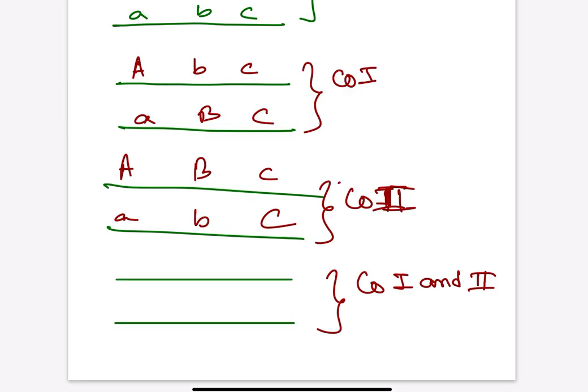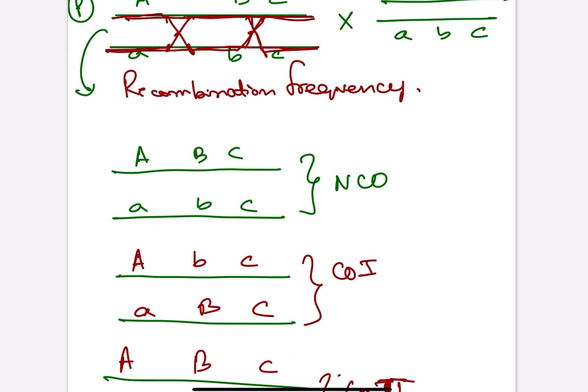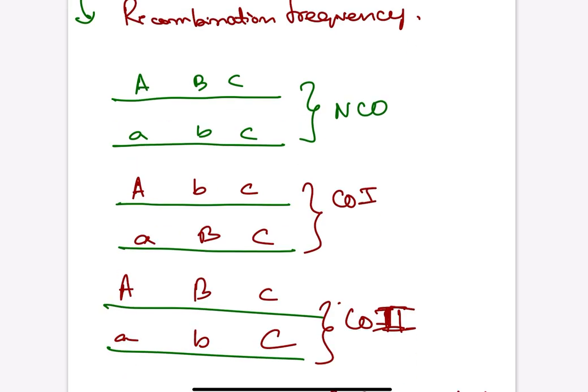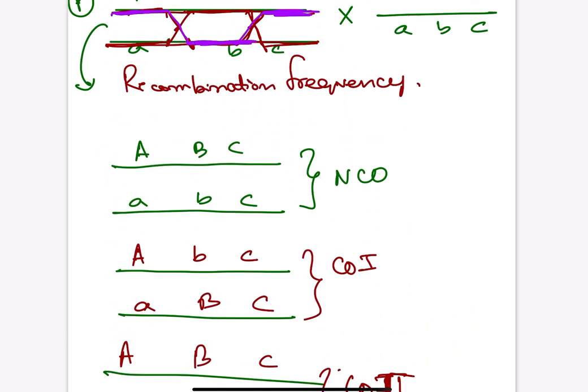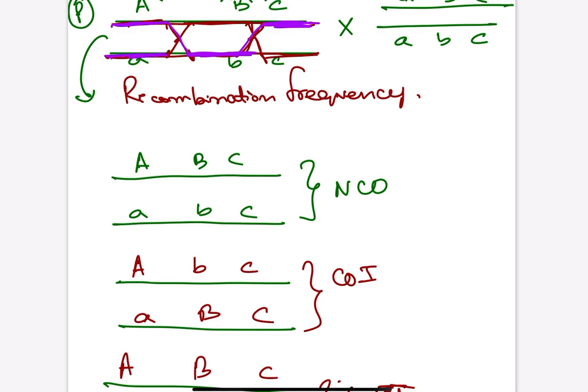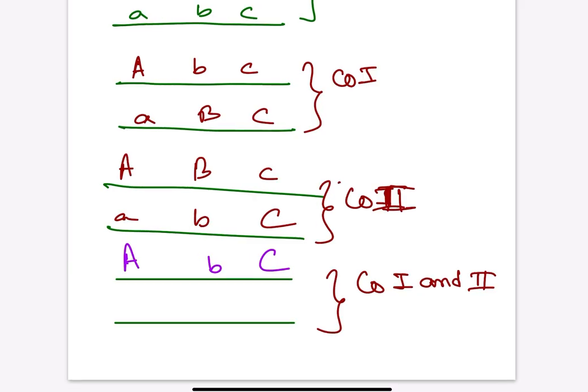So, capital A, small b, capital C, right? The other option, small a, capital B, small c.